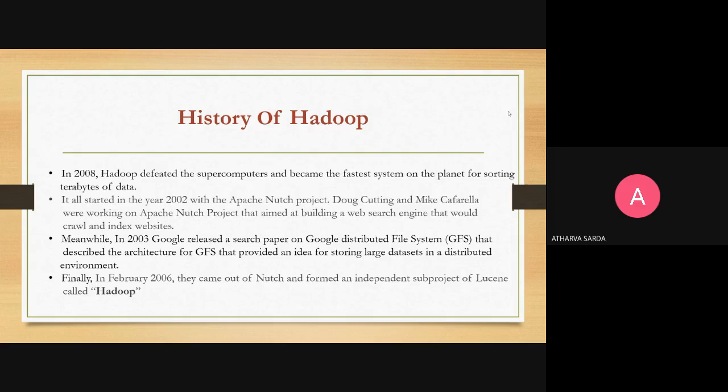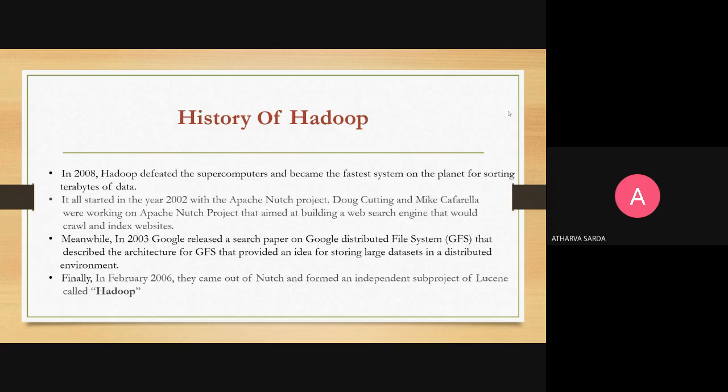Meanwhile, in 2003, Google released a research paper on the Google File System, known as GFS, which describes the architecture for GFS that provides an idea for storing large data sets in a distributed environment. And finally, the day came in February 2006, where the developers came out of Nutch and formed an independent sub-project called Hadoop.